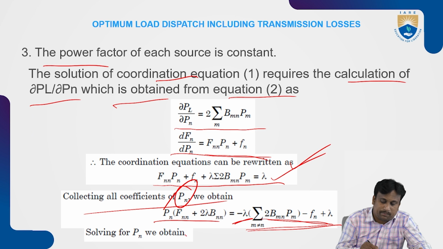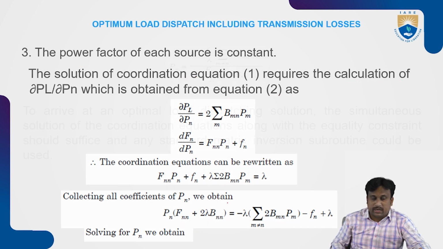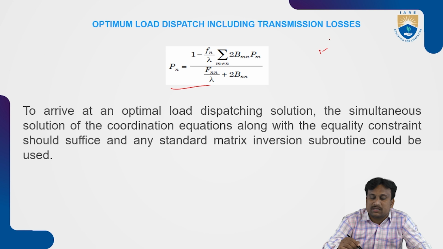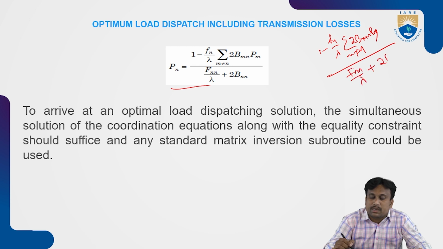Solving for Pn, we get Pn equals 1 minus fn by lambda minus summation m not equal to n 2 Bmn Pm, with the denominator Fnn by lambda plus 2 Bnn. This is the condition we obtain for Pn.